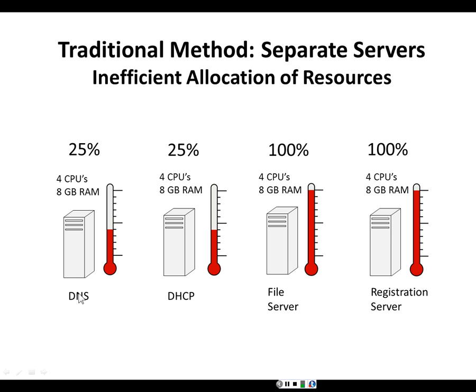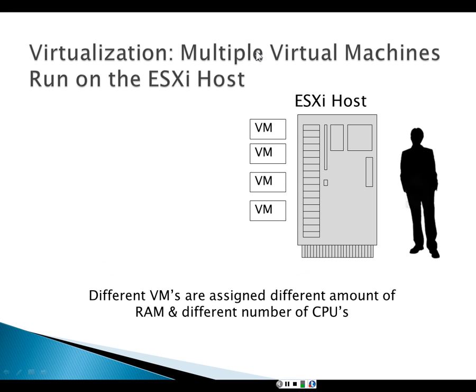We have one machine running at only 25% capacity, so really that's a waste of 3 CPUs. And we have another machine running at 100% capacity. It's totally maxed out. Inefficient allocation of resources. But with virtualization, we have multiple virtual machines running on one big ESXi host, and different virtual machines are assigned a different amount of RAM and a different number of CPUs.